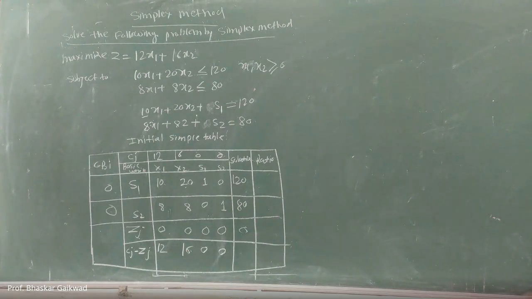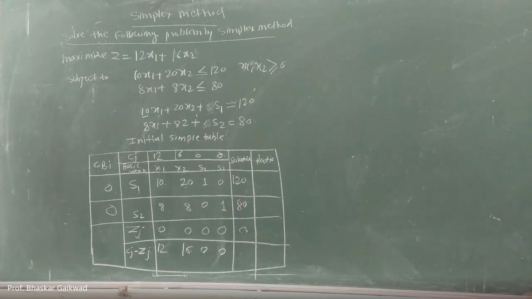Now, among the Cj minus Zj values we have got, find the maximum value. Whenever a maximization condition is there, you have to find the maximum value, and whenever a minimization condition is there, you have to find the minimum.